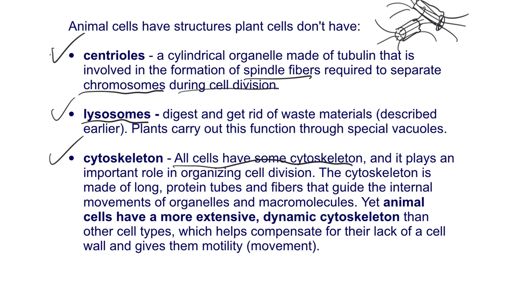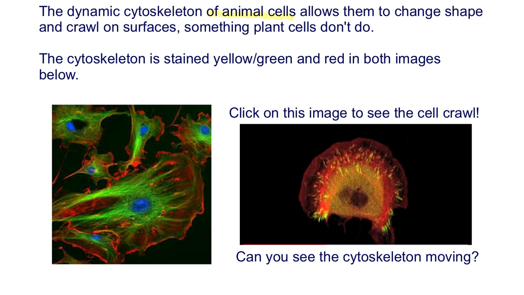in animal cells. Here's an actual picture of cells that have been dyed with a chemical that sticks to the microtubule fibers. And so we can see in these images all those little, looks like threads.